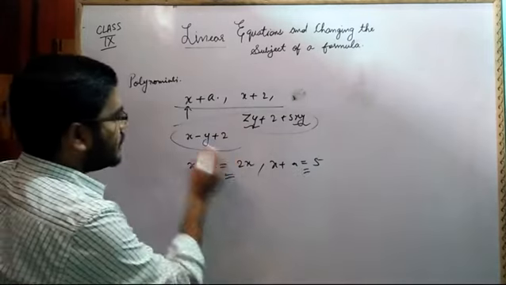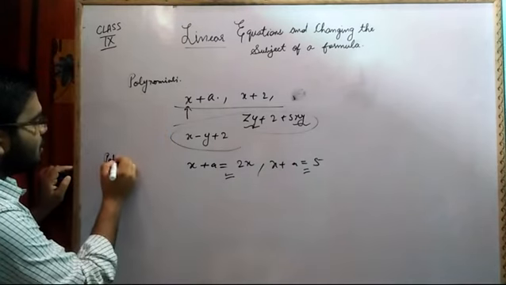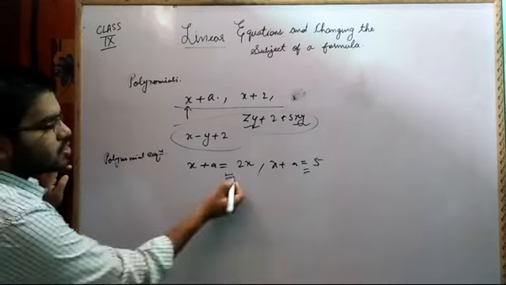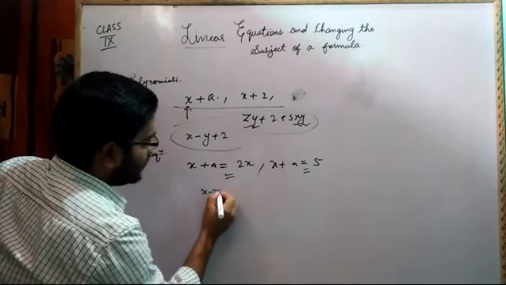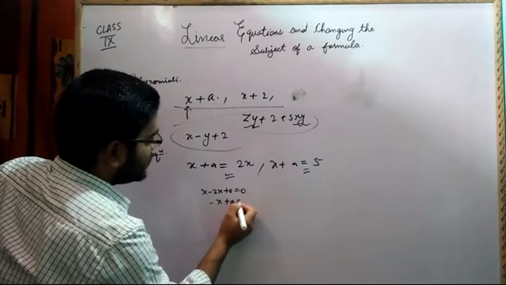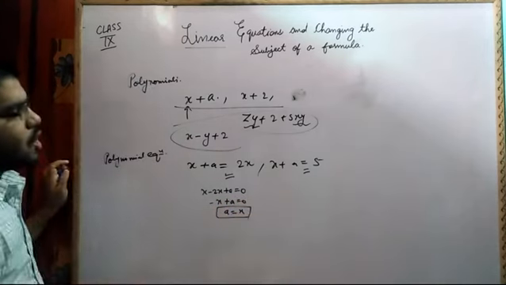Because of this, what was called a polynomial is now called a polynomial equation. Now if we simplify, it becomes x minus 2x plus a is equal to 0, so minus x plus a is equal to 0, or a is equal to x. So we are able to solve it.